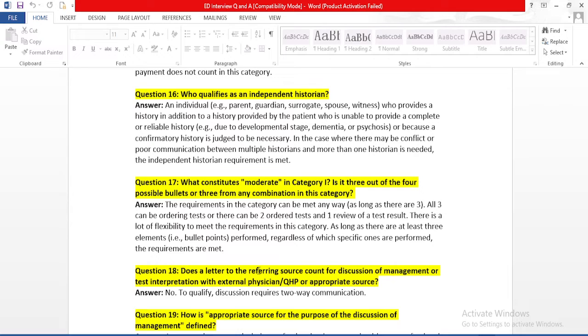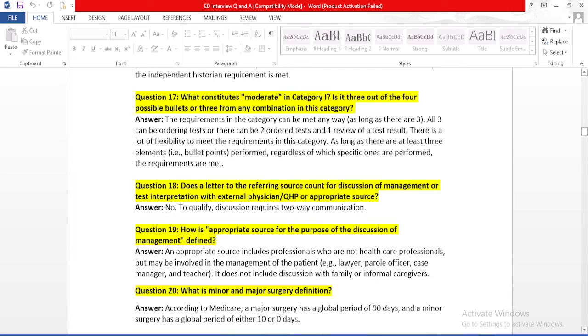In the case where there may be conflict or poor communication between multiple historians and more than one historian is needed, the independent historian requirement is met. So basically, an independent historian is a person who can provide information regarding the patient along with the patient.